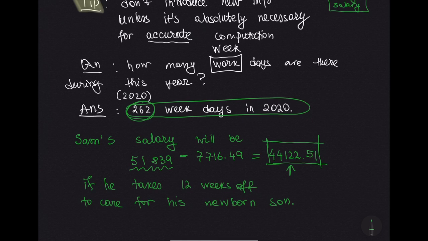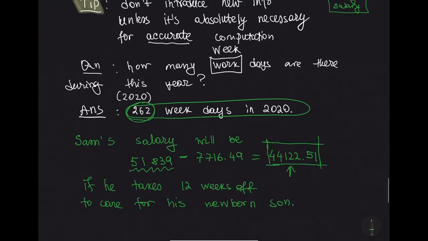So then you may ask a question, well, what is his salary going to be per month during his leave? That question really involves information about how Sam's payroll decides to distribute his salary over the entire year.